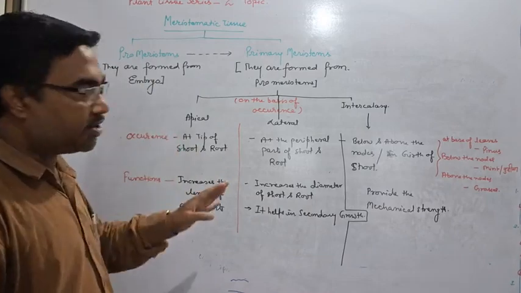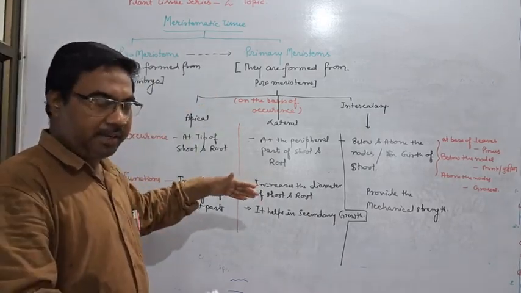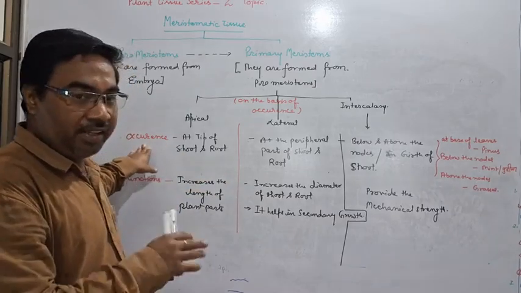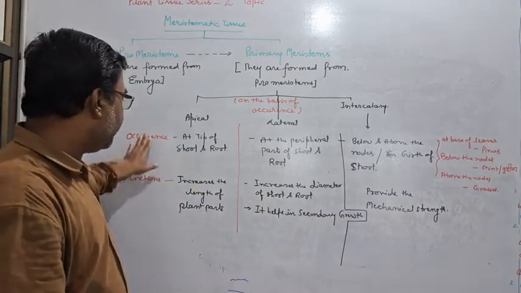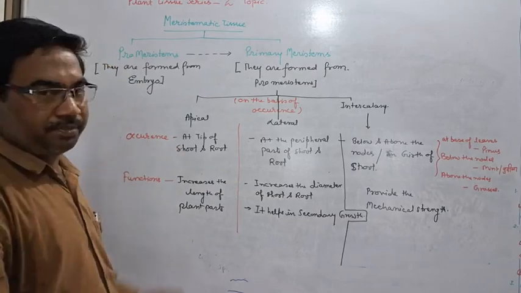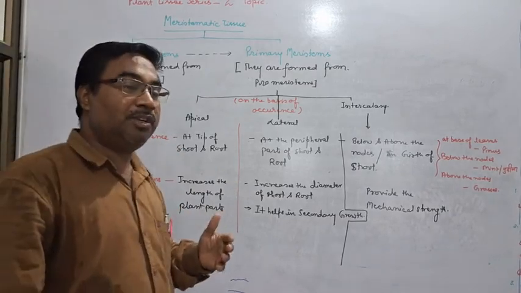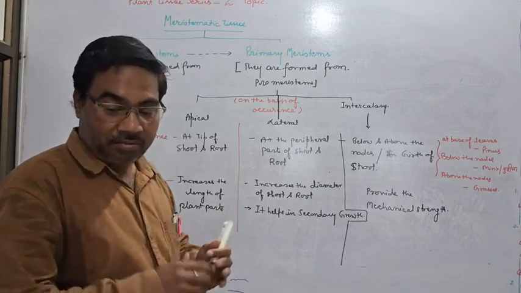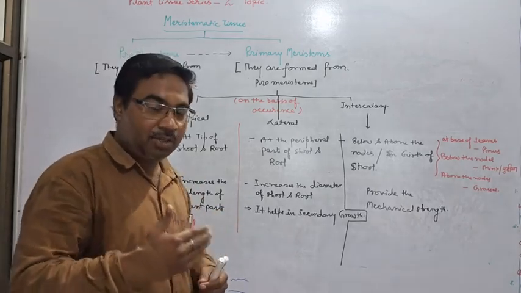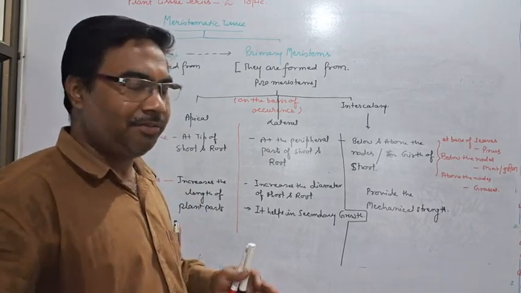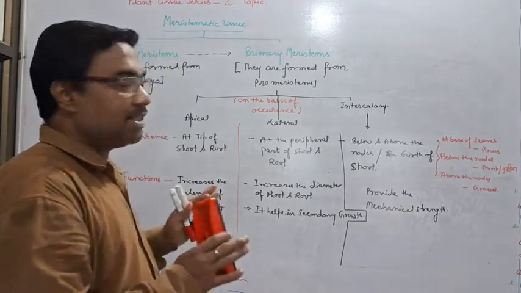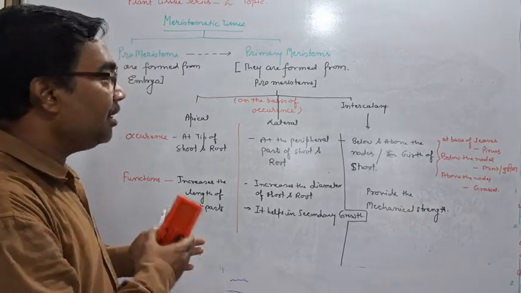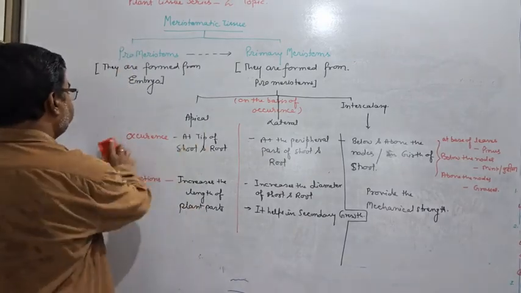One is the structure, what I taught previously. Then where they are found, that is occurrence, and then what are their functions. But now I am going to explain something which is beyond class 9. So for a class 9 student, the video is over. But for a class 11 student, please continue.